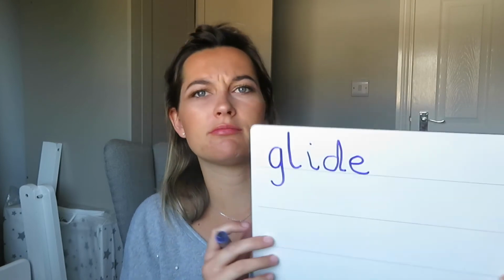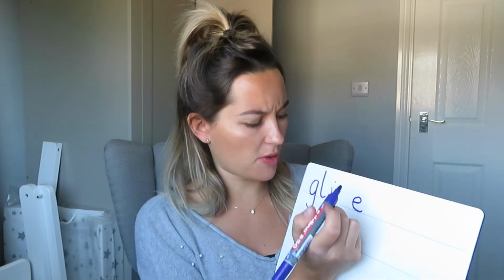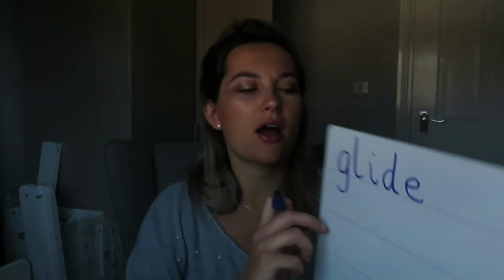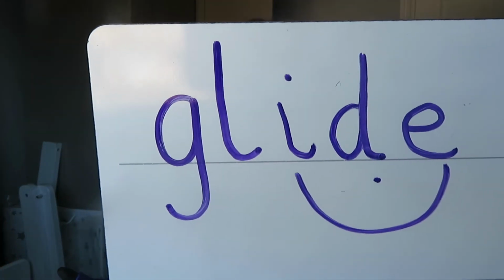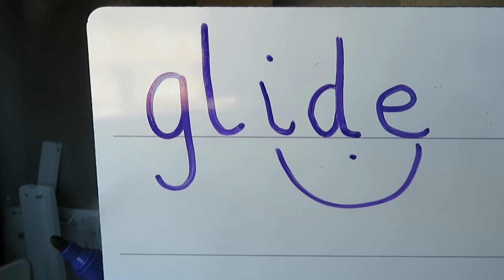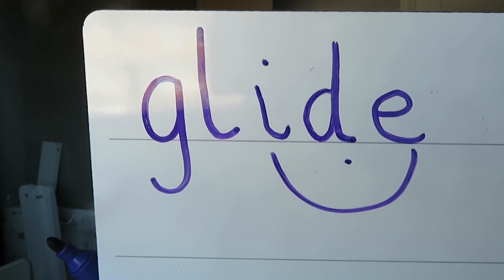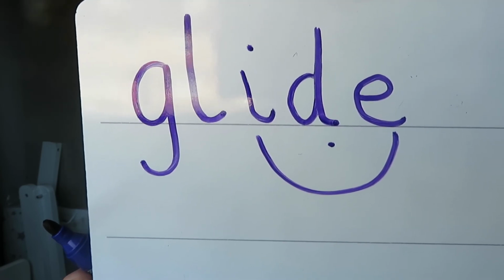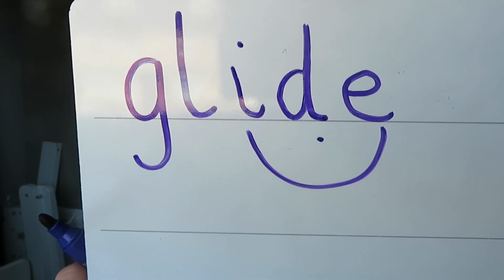Oh, that's not very good, Miss Day. I'll write that again. That digraph needs to be perfect. That's much better. Gl, I, d. If it looks like that, give yourself a big smiley face or a tick. If it doesn't look like that, don't worry. Quickly copy mine now and re-watch this video to recap the I sound when writing.